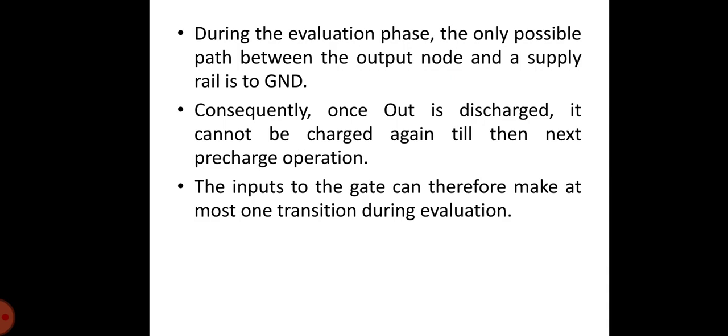During the evaluation phase, the only possible path between the output node and a supply rail is to ground. Consequently, once out is discharged, it cannot be charged again until the next pre-charge operation. The input to the gate can therefore make at most one transition during evaluation.